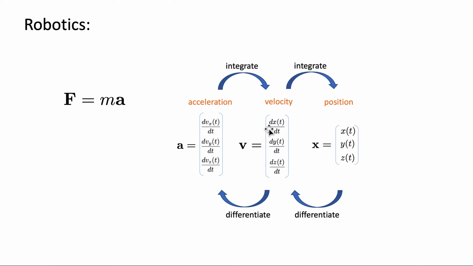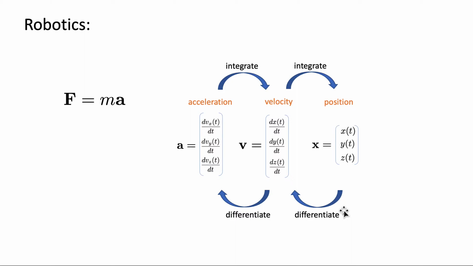We do the same thing again, differentiate the x component of the velocity with respect to time, and we have the x component of acceleration. This can be done element by element, and you have in the end a whole three-dimensional vector of position, velocity, acceleration. And you go from position to velocity, velocity to acceleration via differentiation.